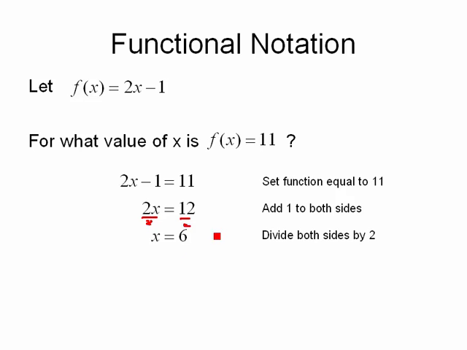So what that's telling me is when I do an input of 6, I get an output of 11. f of 6 is 2 times 6 minus 1, and it indeed does give me 11. If I give you an input here, you put it into the formula and get an output. Here I was giving you an output, so you set the formula equal to that output and then solve for the x, and then you can verify it at the end, like I did right here.